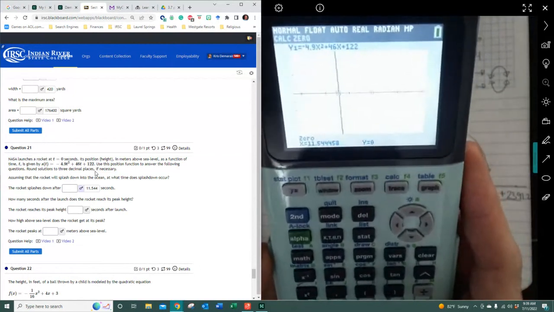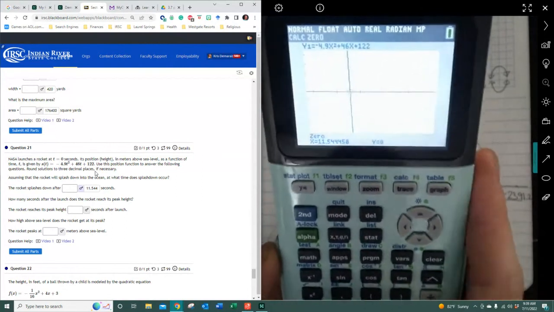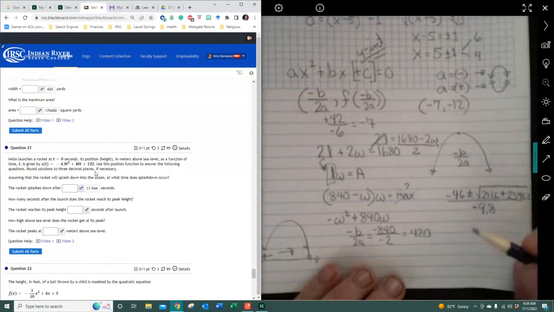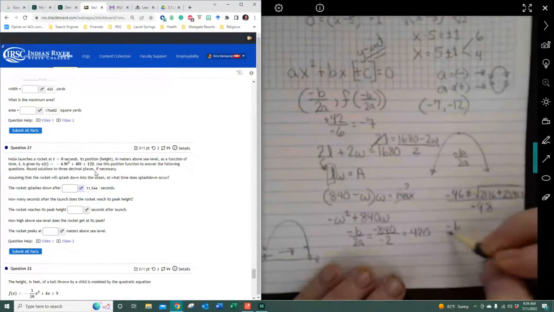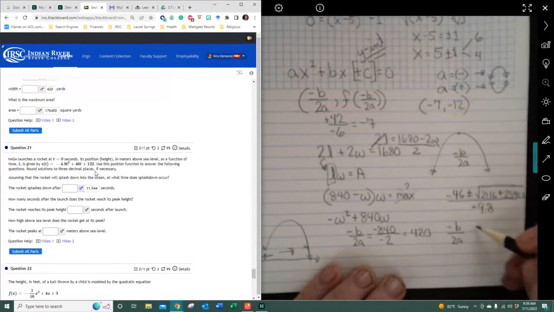Okay. So how many seconds after launching does the rocket reach its peak height? So again, that's negative b over 2a. Negative b over 2a. So it's basically this right here.